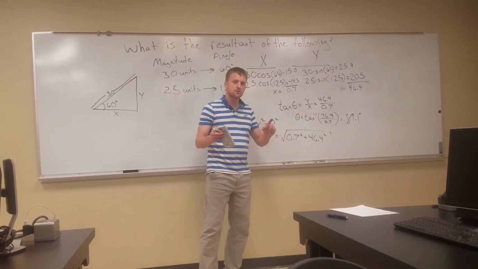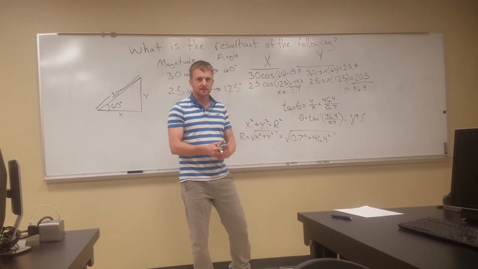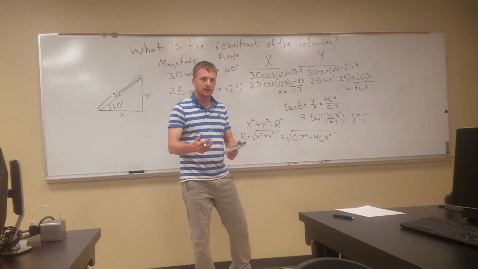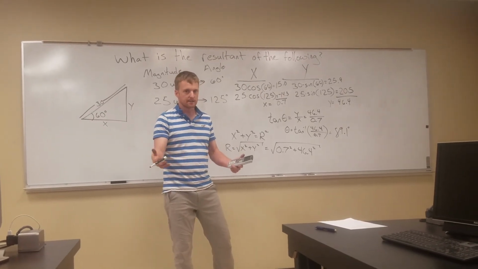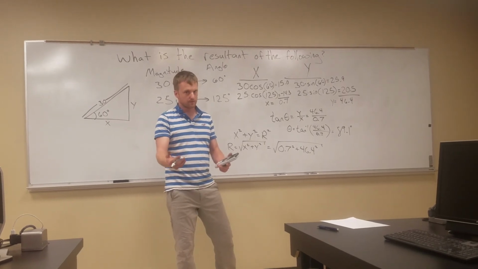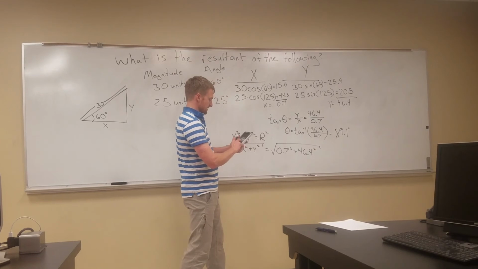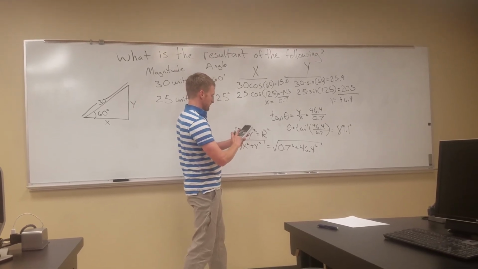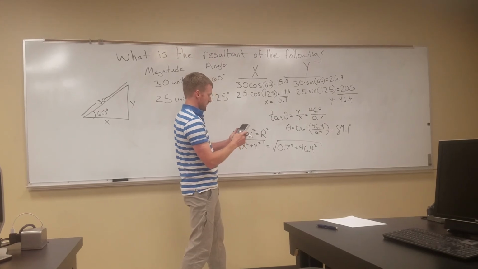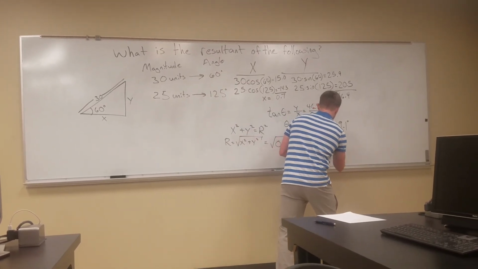Some calculators do different things, and it requires a different process when you're squaring a negative number. There's a method of using parentheses that I'm not going to get into. It's your calculator, you have to figure that out. 0.7 squared plus 46.4 squared.